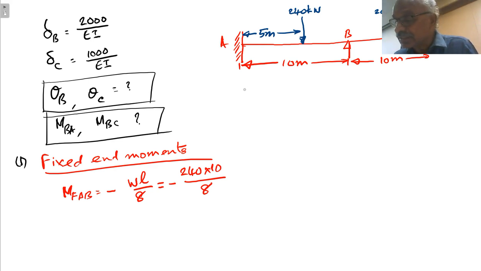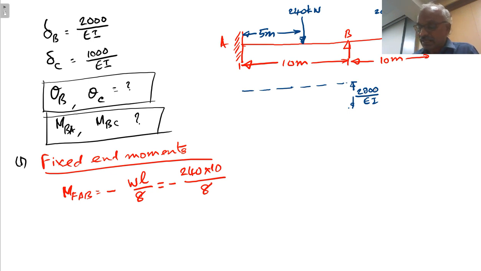So this is the original beam. This is for AB. Compared to A, B settles by 2000 by EI. So this is what is given.